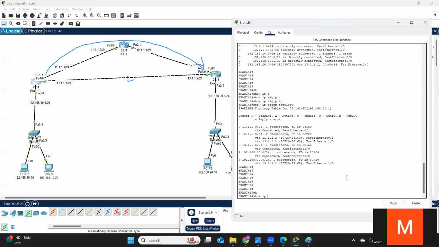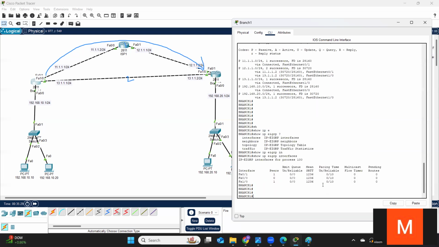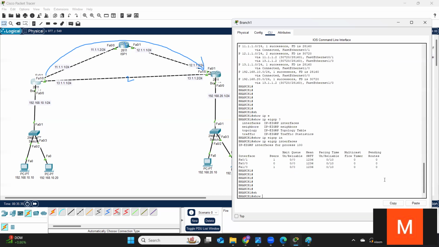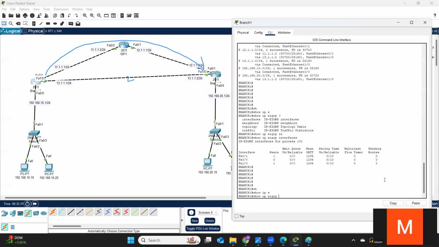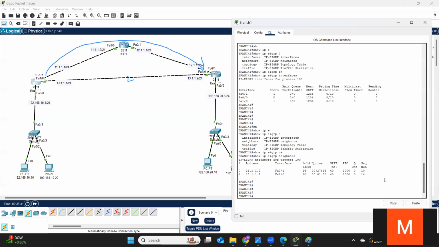Show ip eigrp interfaces: here we have two interfaces, the ones we advertised. Show ip eigrp neighbors, you can check. These are the two directly connected neighbors we have.